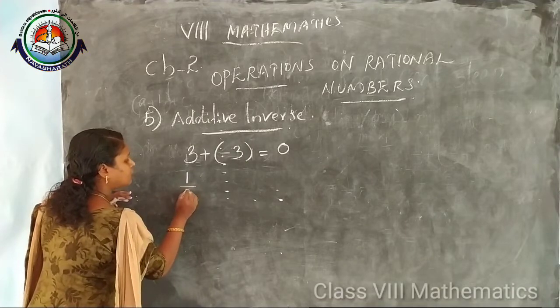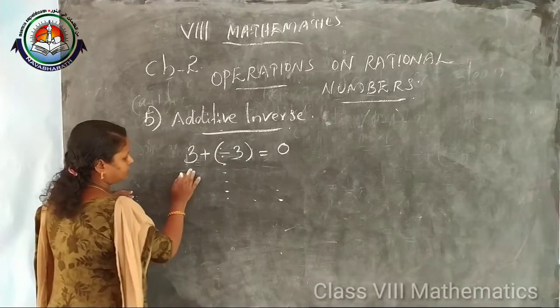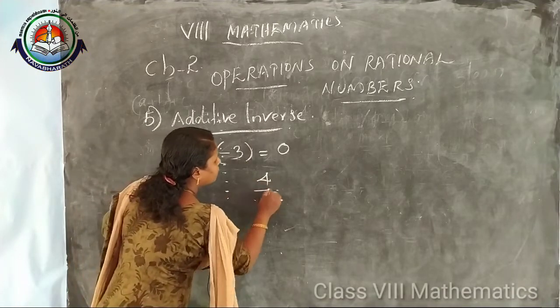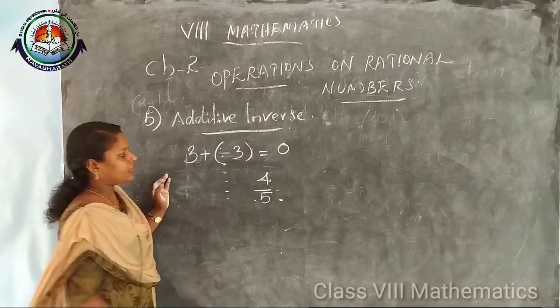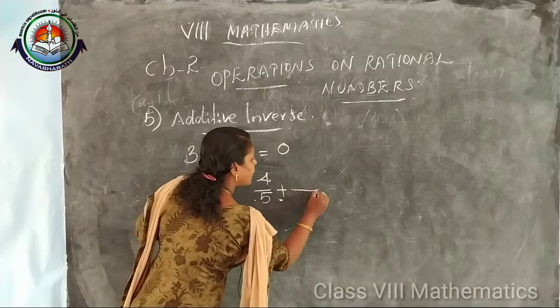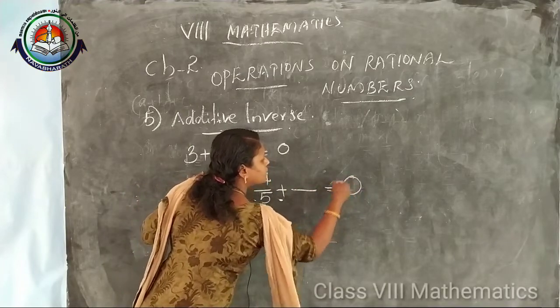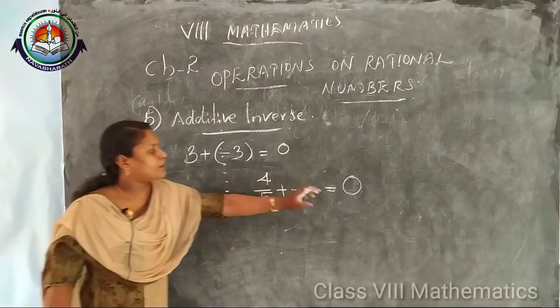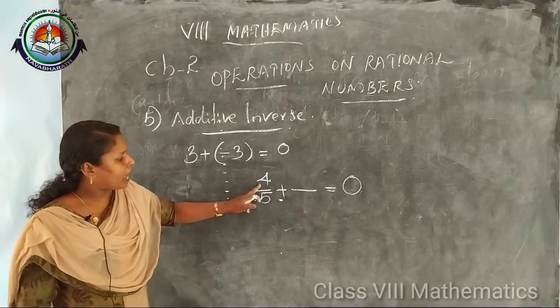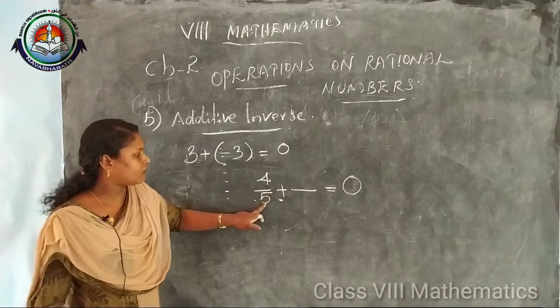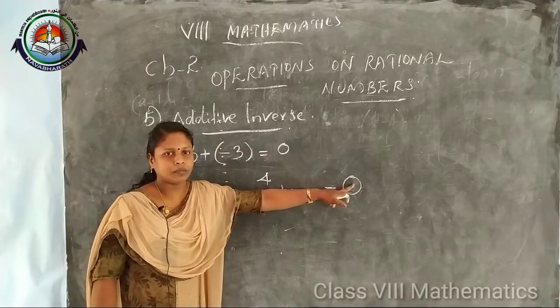Okay, so additive inverse means, suppose we take a rational number other than 1/3, say 4/5. It is a rational number and 4/5 plus blank equals 0. 0 means our additive identity. Which number do we need to add to 4/5 to get 0?